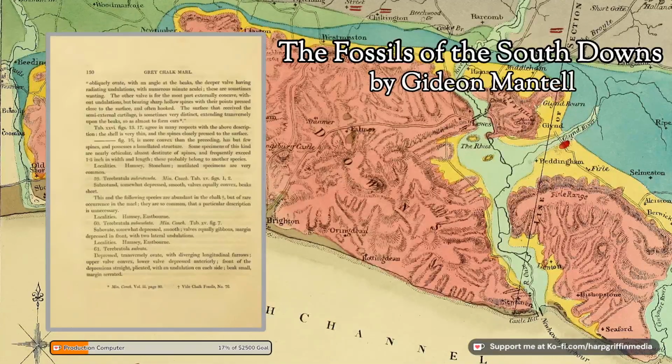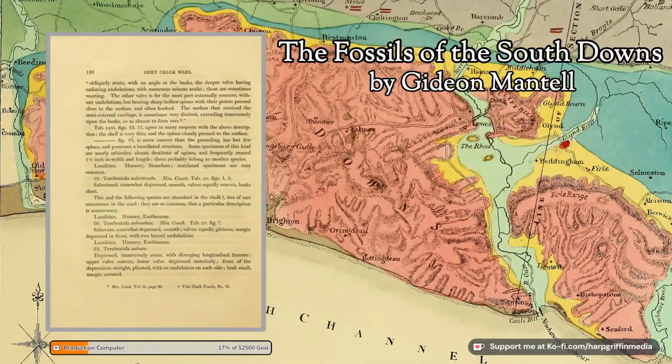59. Terebratula subrotunda, Mineral Conchology, tablet 15, figures 1 and 2. Subrotund, somewhat depressed, smooth, valves equally convex, beaks short. This and the following species are abundant in the chalk, but of rare occurrence in the marl. They are so common that a particular description is unnecessary.